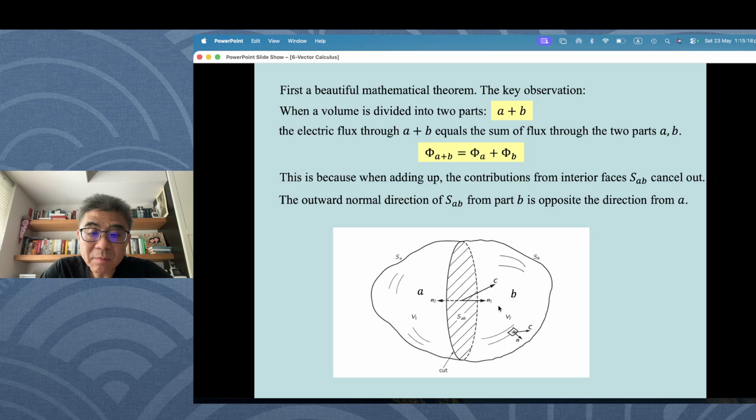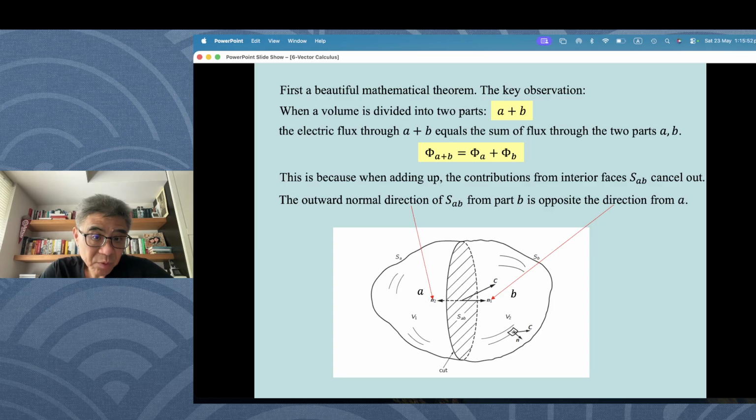However, looking from part B, SAB is also part of the surface, and now the direction is again pointing from inside to outside, in the opposite direction. Here we call it N2. So the outward normal direction of SAB from part B is opposite to the direction from part A.